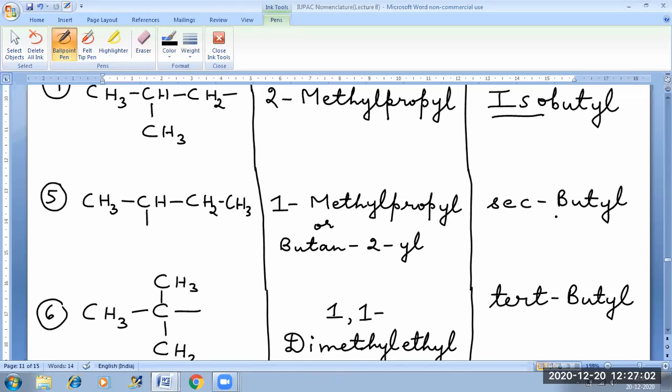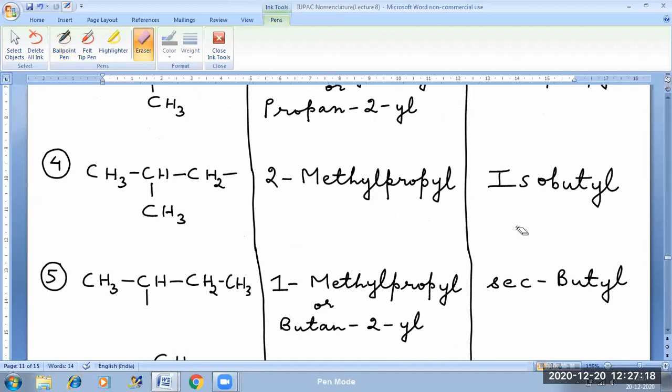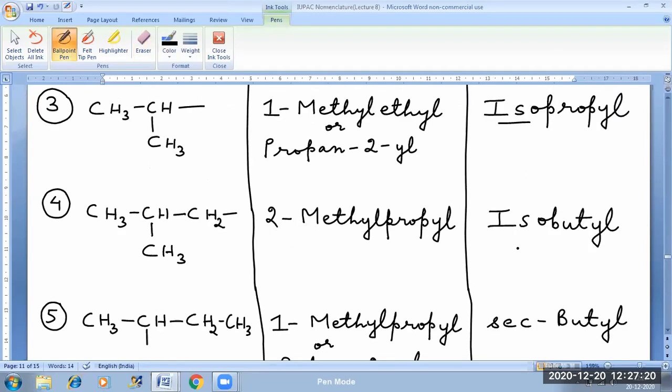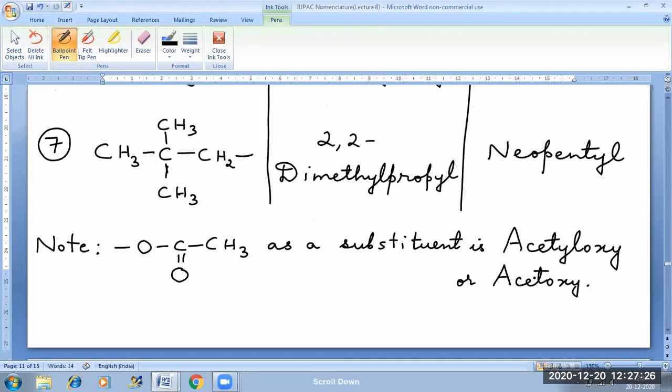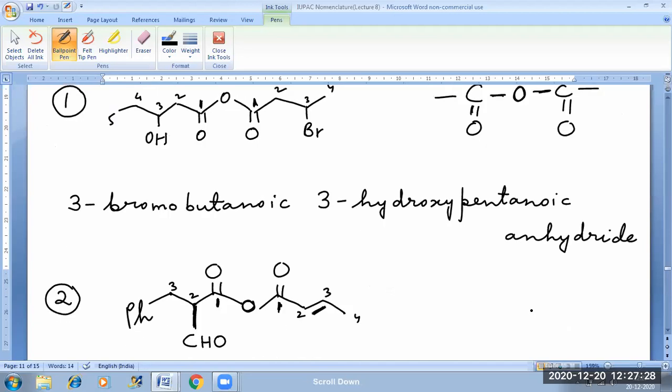You just look at this and this. Iso and neo are considered, sec and tert are not considered.